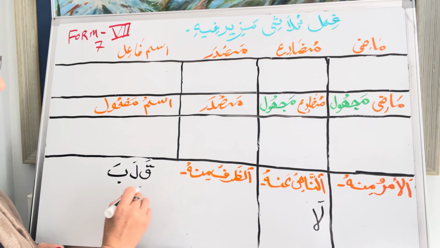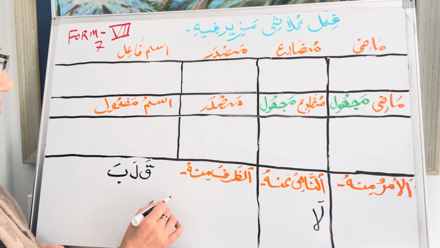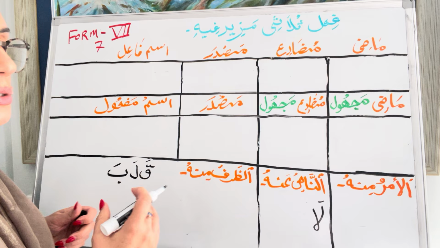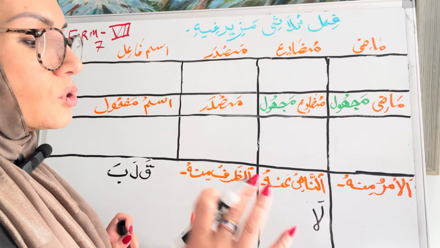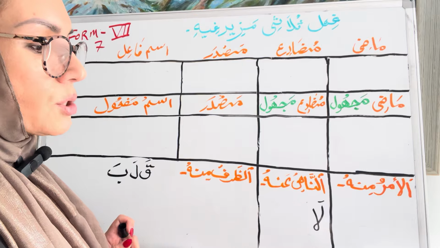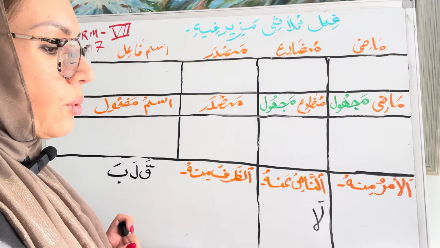Qalaba. So now if we put the alif noon in front of it, it becomes inqalaba. Qalaba is to change something, right? To change.